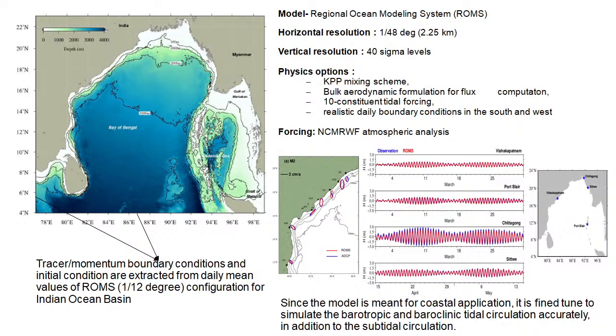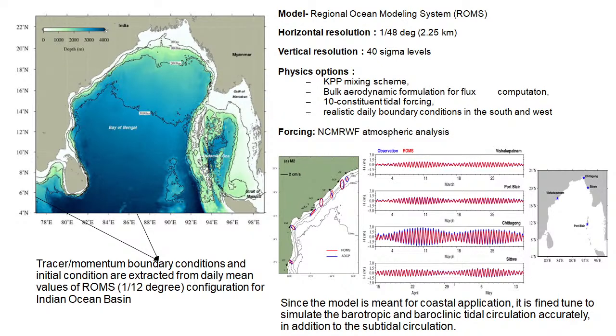The physical options I have chosen are given here: the mixing parameterization scheme, and the air-sea flux computation in the model. The important part is that since our interest is to look at the coastal circulation, we need to get the tides right, because tides are quite important. So we have fine-tuned the tidal component of this model.